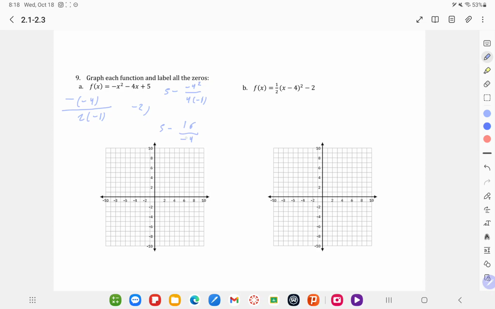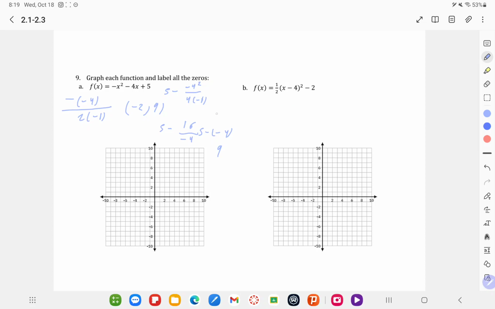So what this gives us here is negative positive. Yeah, that's a 4, negative 4. Okay, that gives us positive, and that's just 9. So negative 2 and 9. Let's error check this. I am in fact correct.